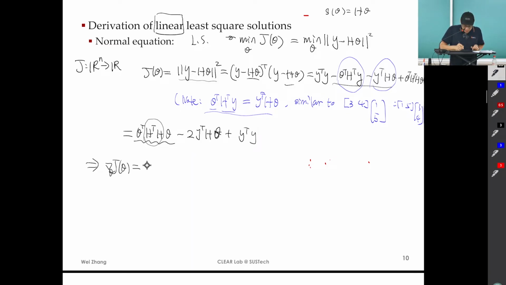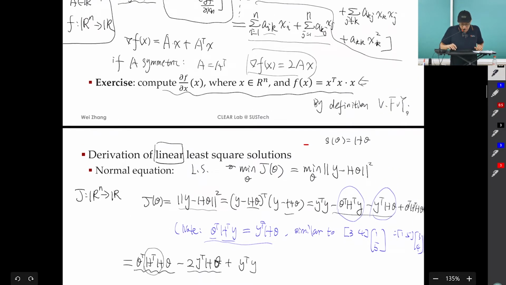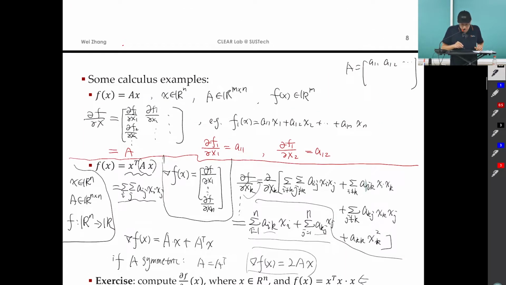Okay, this is symmetric, so I can get 2A, which is H transpose H theta, minus this guy. This is 2Ax, all right? And you remember this guy equal to A, right?